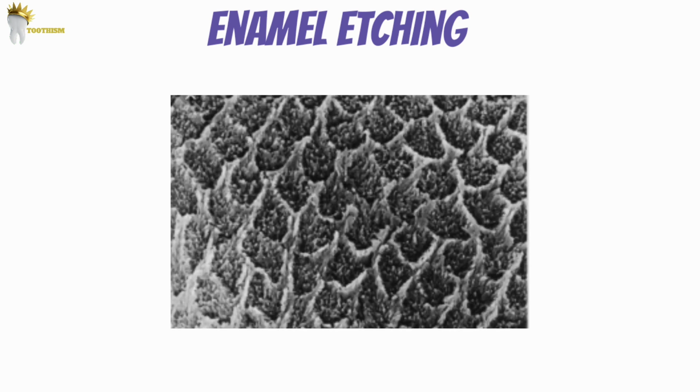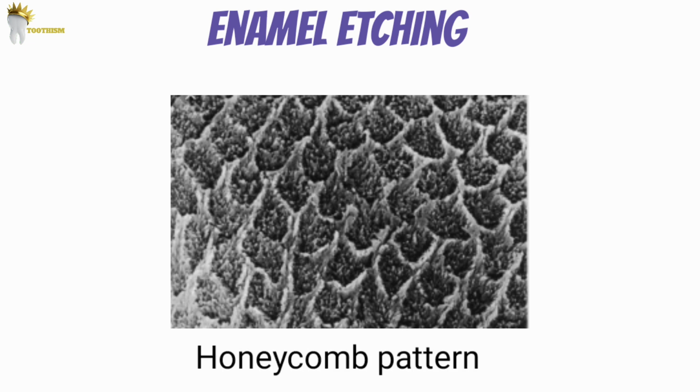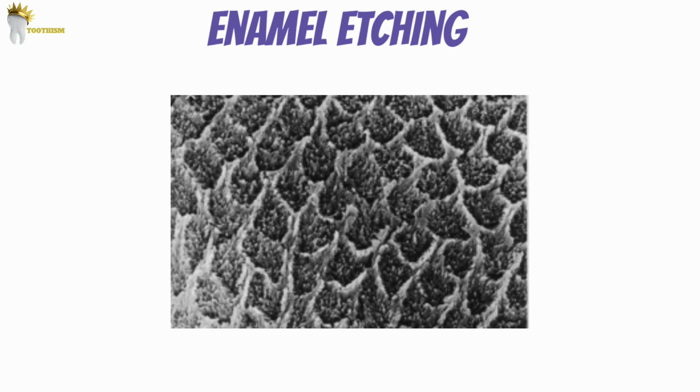When we etch the surface with phosphoric acid, it removes the smear layer and about 10 microns of enamel to expose prisms of enamel rods, and this creates a honeycomb-like high energy retentive surface. High surface energy means better wetting of the surface, as we just saw. So the adhesive will readily infiltrate into the micropores and polymerize to form resin tags.